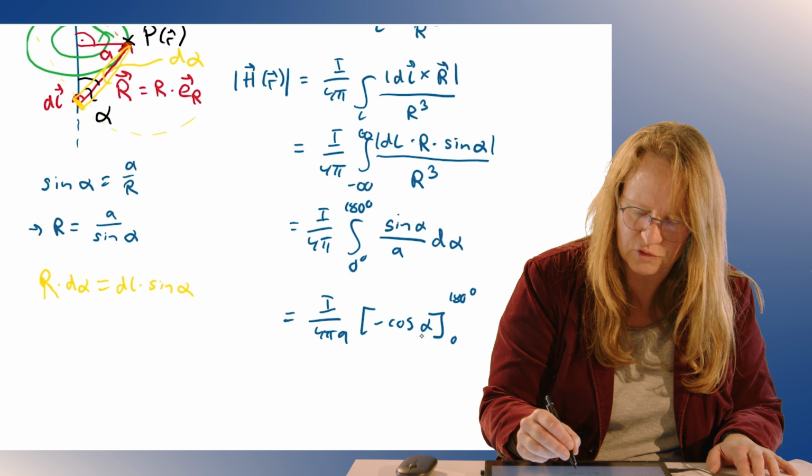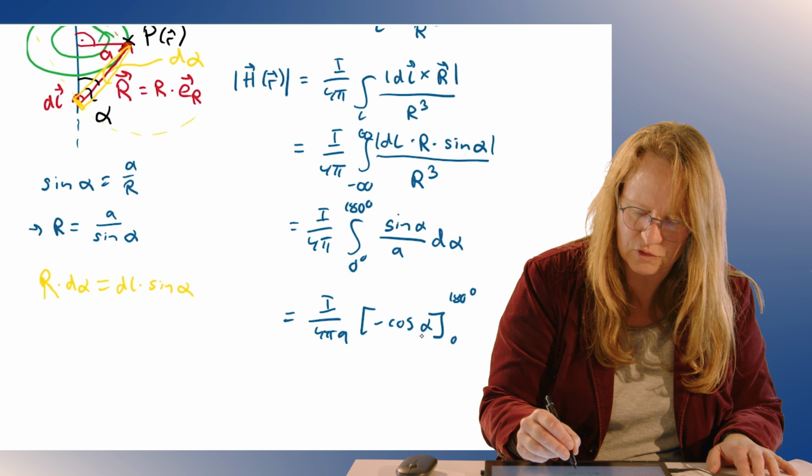So if we now consider a finite piece of wire, a wire that only extends from here to here, let's say, so our point P is now at this location here. This is our point P of R. And we only consider this small part of wire and want to calculate what field it causes. It means we only need to integrate from this location to this location.